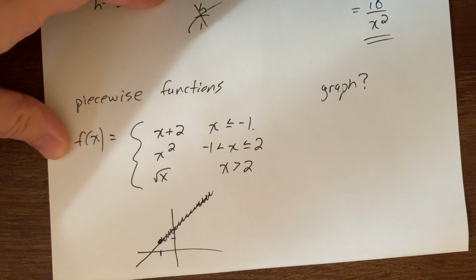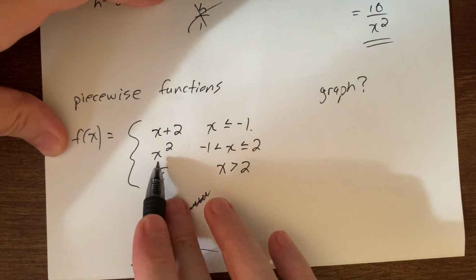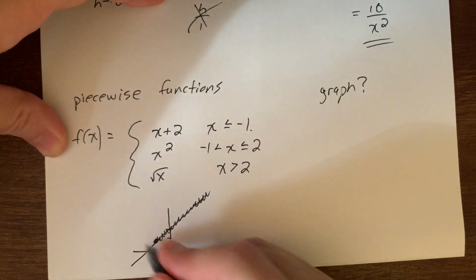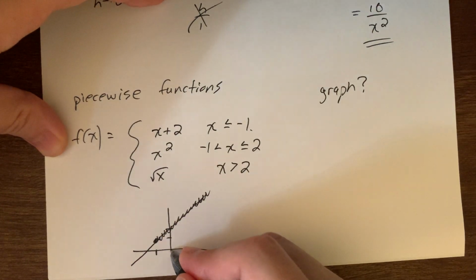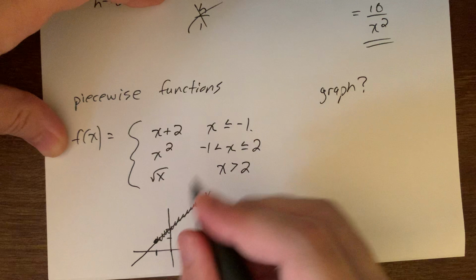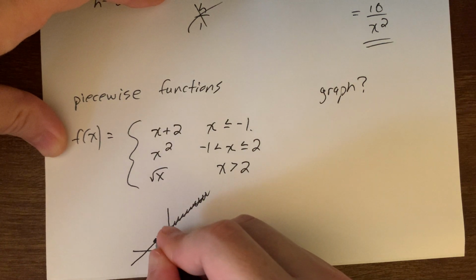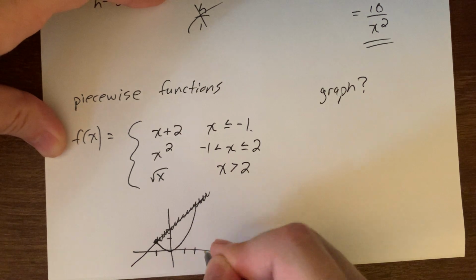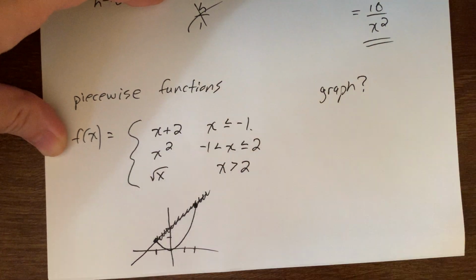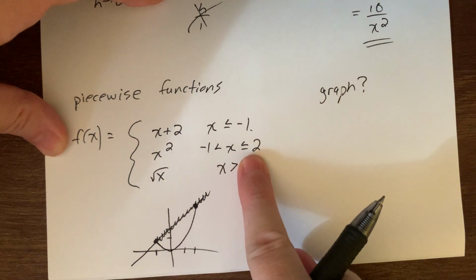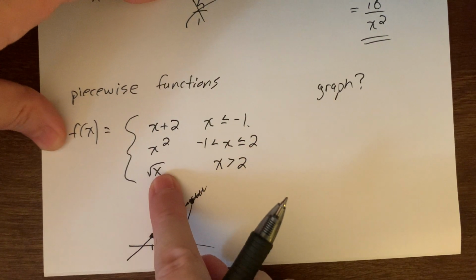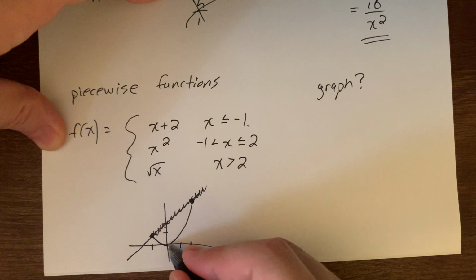All that is gone. My second piece, y equal x squared, that's the parabola at the origin, but my parabola is not going to go everywhere. It's only going to go back to here, and on this side, I'm going to stop it when x is 2, because that's where it stops here. And then my last piece would be the square root of x. I kind of call that one the hook.